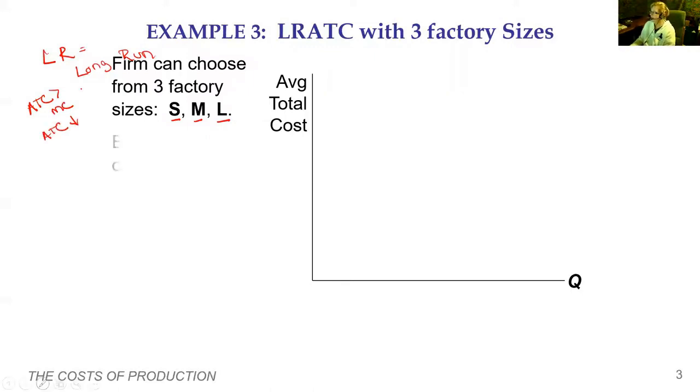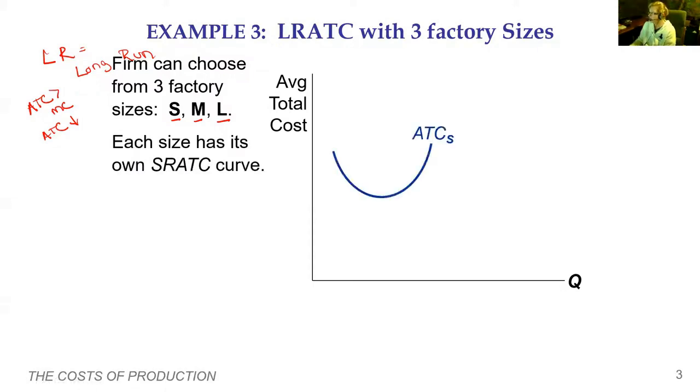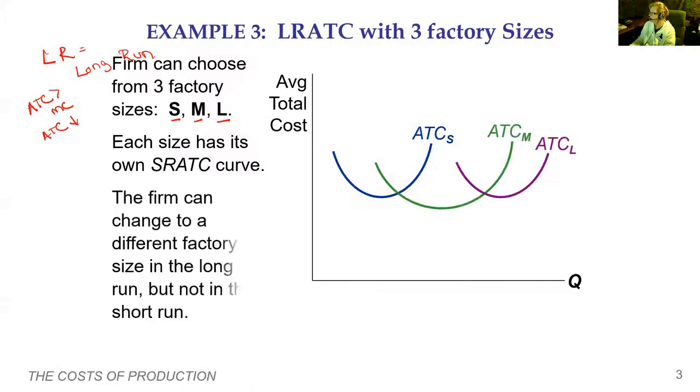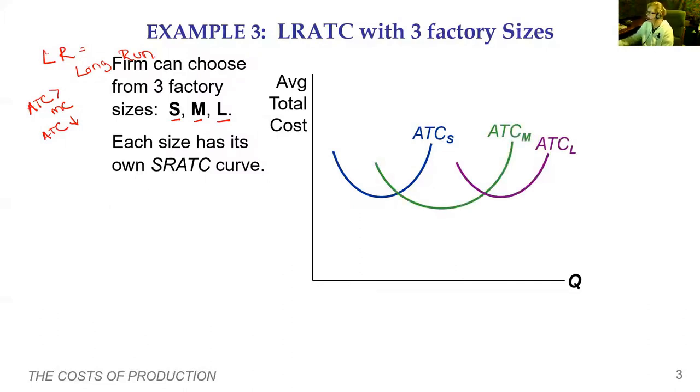So here are our short run, SR being short run, average total cost curves. We have a small, medium, and large factory. These are our average total cost curves. What I want you to see is that here, our average total cost is falling. It's going to hit a point, right about here.